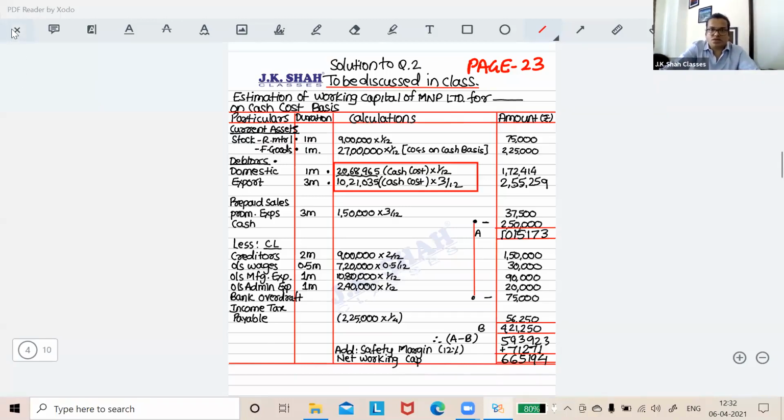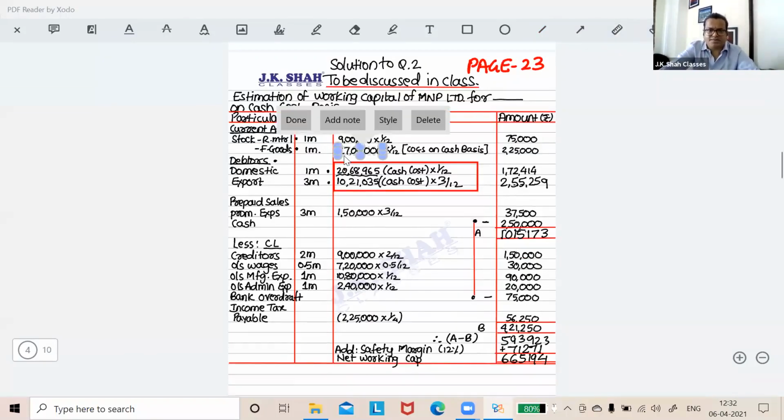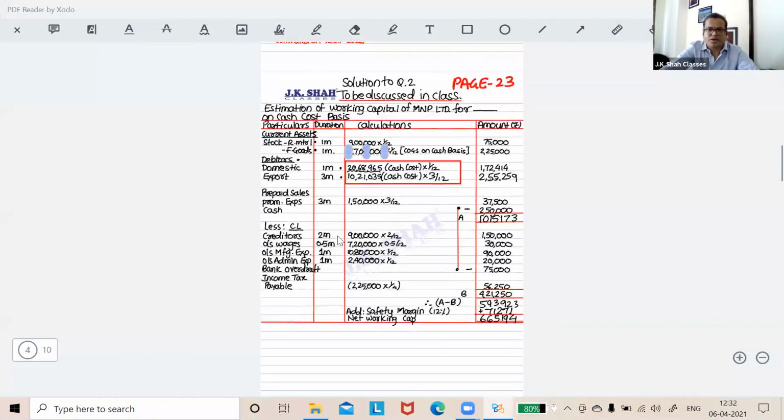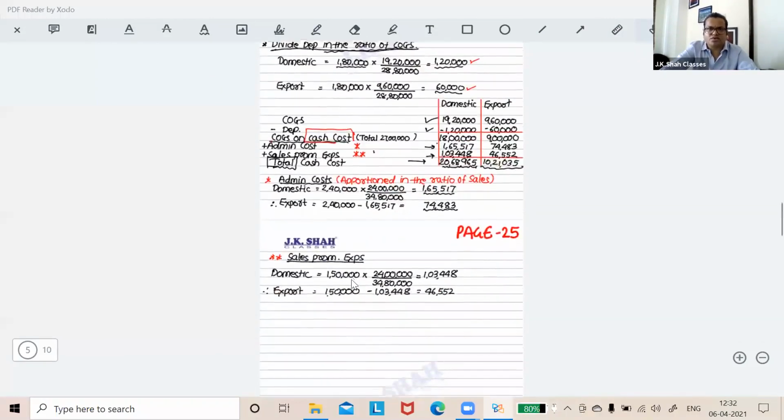Okay, so this is what I have discussed. Oh, sorry, screenshot. Wait a minute, I'll write a note below this, then you take a screenshot. Write the note over here only.